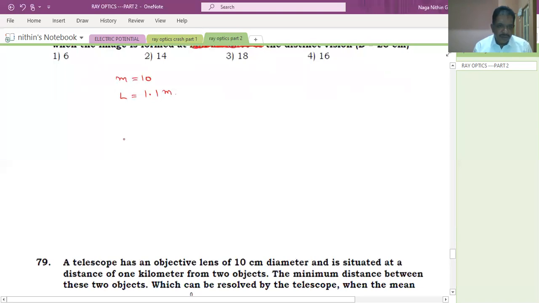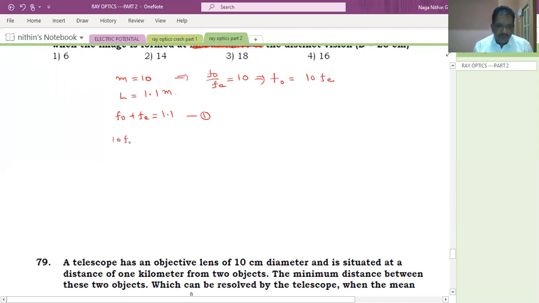So the length is FO plus FE, which is 1.1. Here FO by FE is equal to 10, which implies FO is equal to 10 FE.